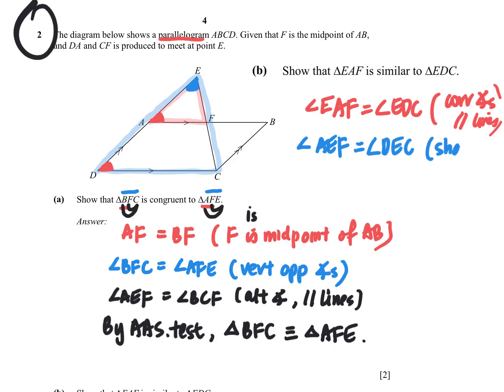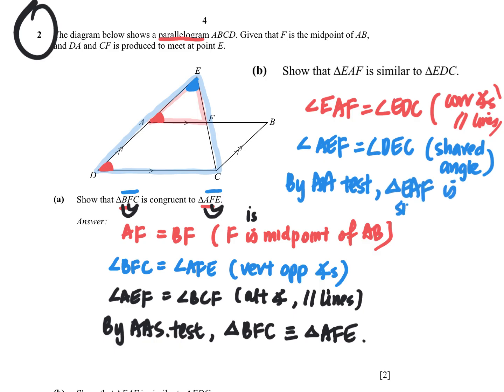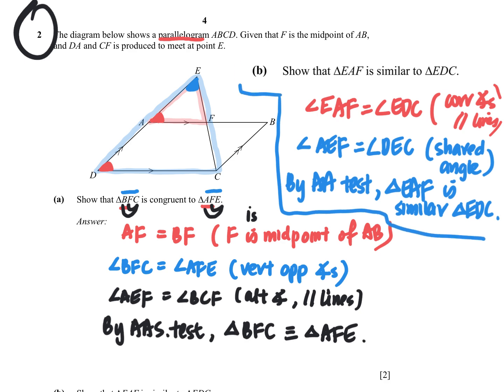So you can say it's a shared angle. They share the same angle. Then by AA test. Can you see the pattern? It's always the same thing. Shared and common. Yeah, so you can use the word shared or common angle.